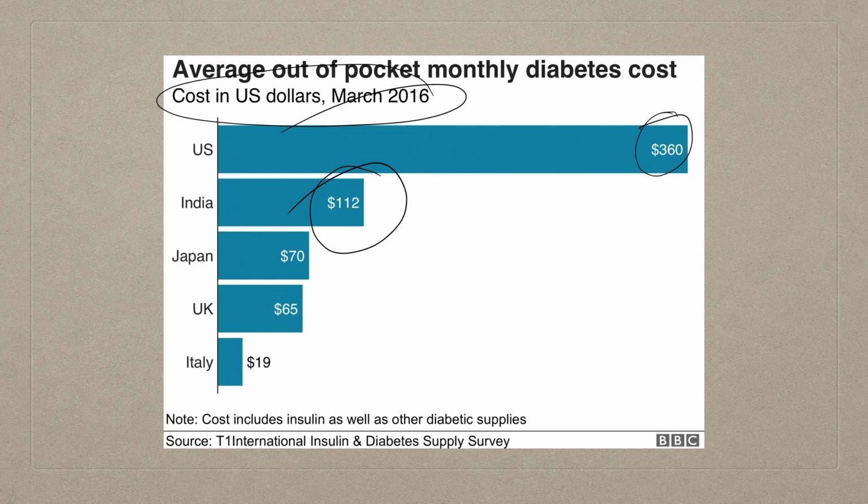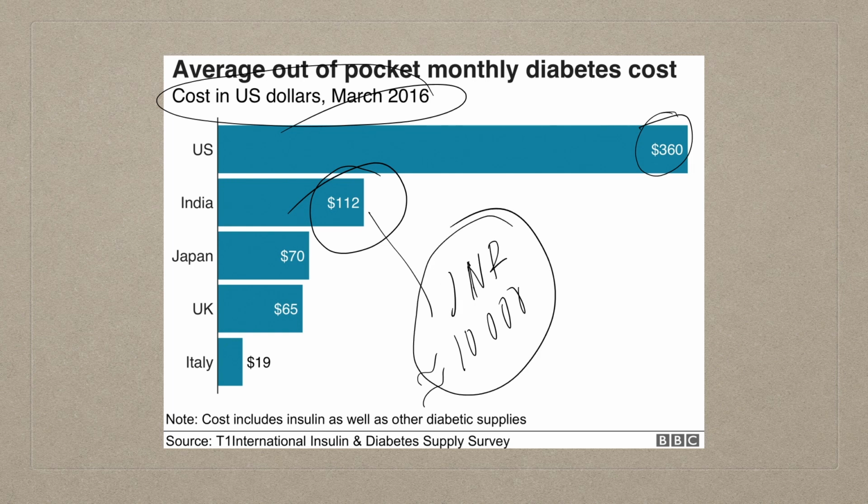100 dollars means we are talking about anything in the range of approximately 10,000 rupees per month. And this is after your insurance company has covered. That's quite a huge medical expense.